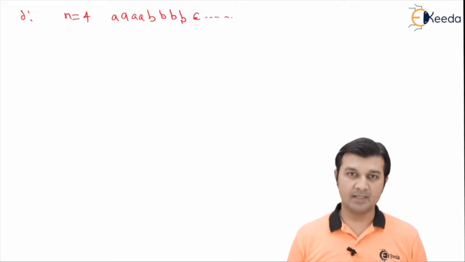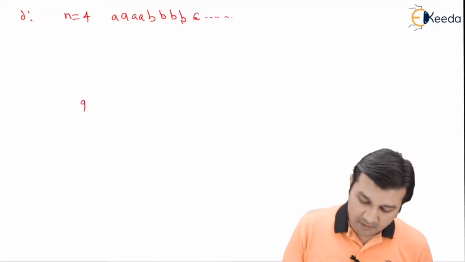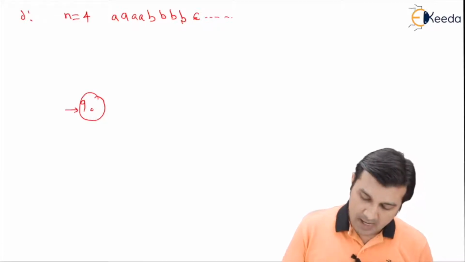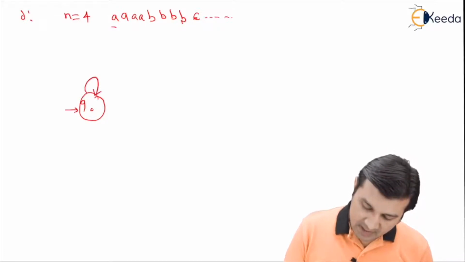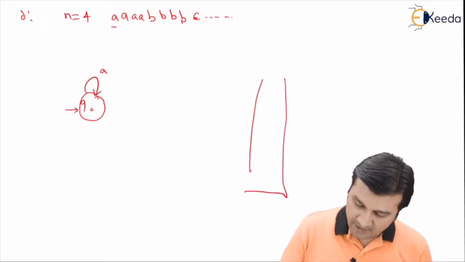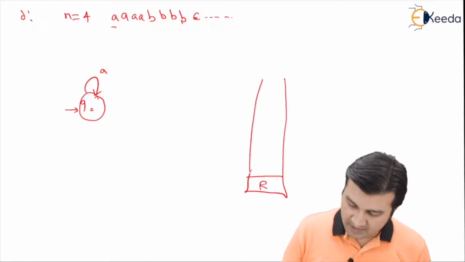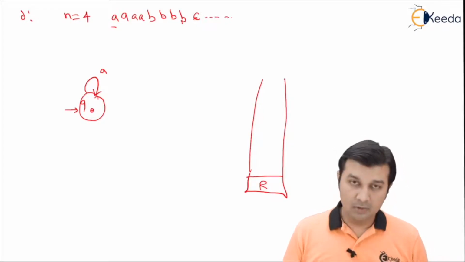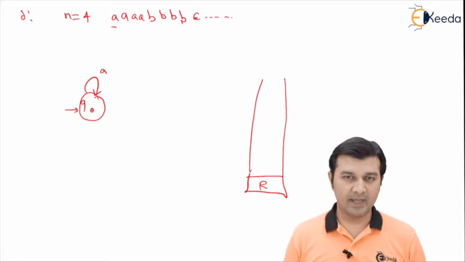What I mean by that is, let me sketch it roughly. When I am in some state q0, and let's say my first a comes to me, I will say, okay, you got a, fair enough. This is your stack which has bottom as r. Look at the representation also. This is a rough diagram.